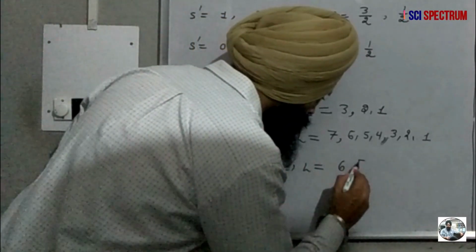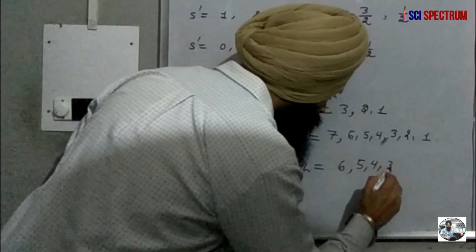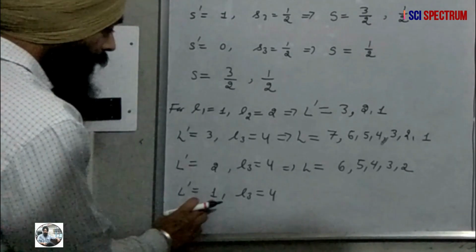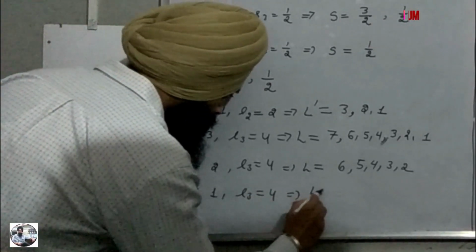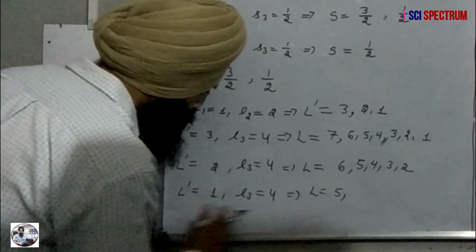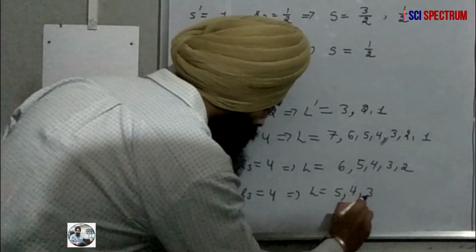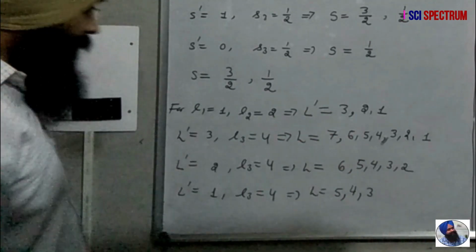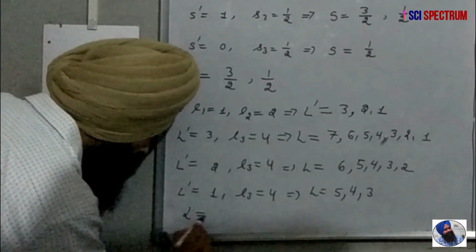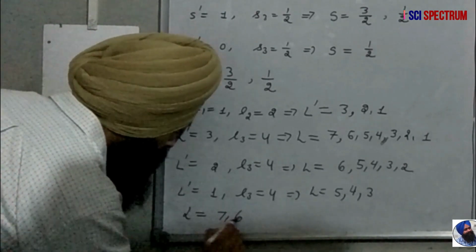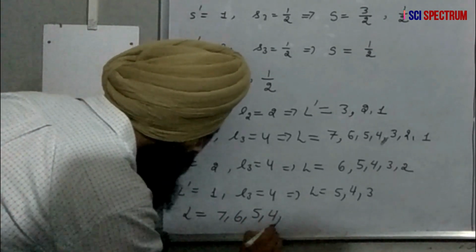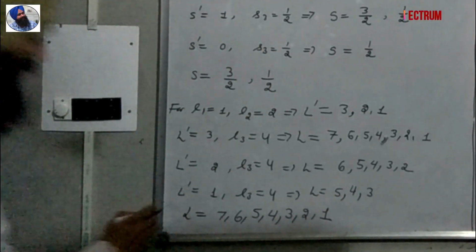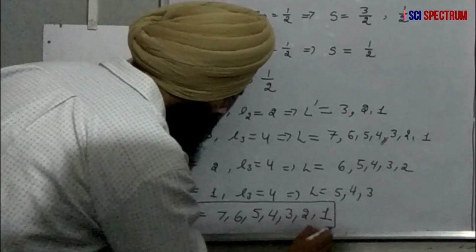So we have 6, 5, 4, 3, 2. By combining 1 and 4 we have 5, 4, 3. So combining these 3 sets of values, we have L equal to 7, 6, 5, 4, 3, 2, 1. These are the capital L values.